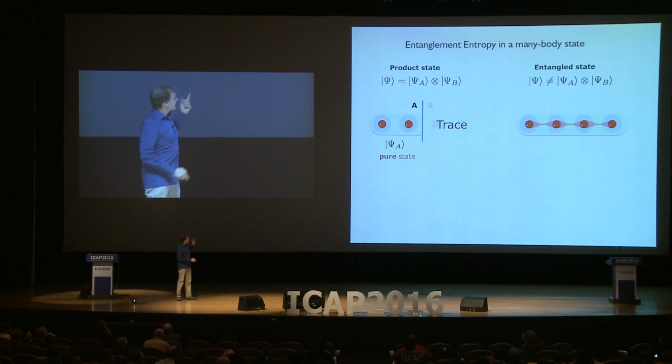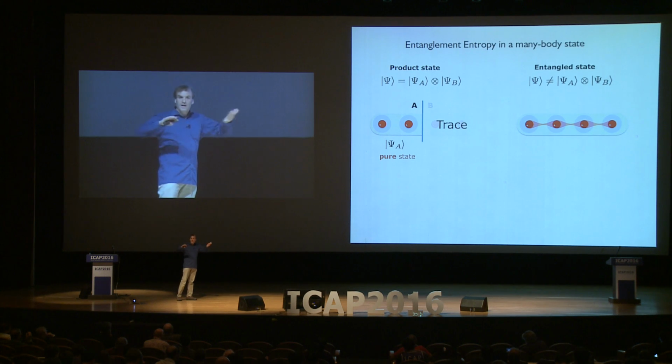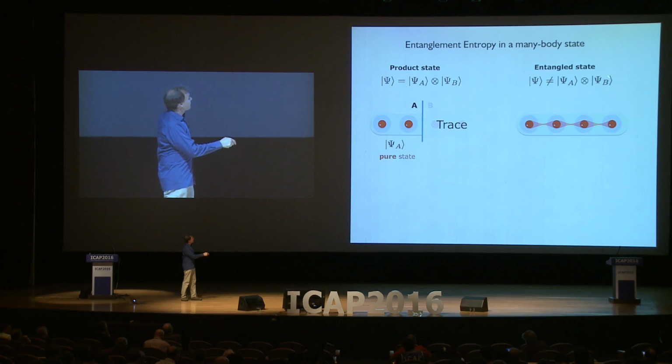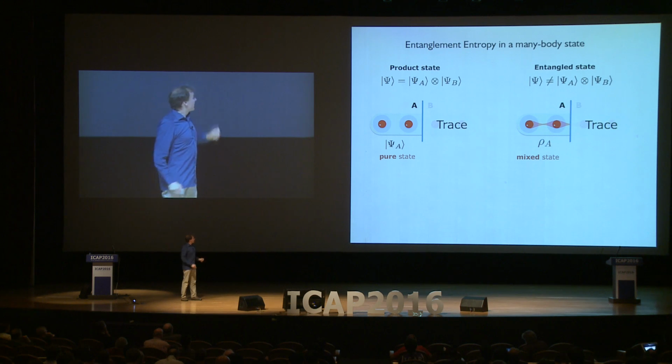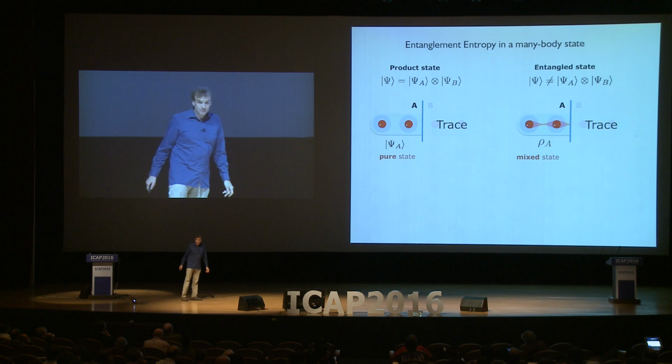But if there is entanglement in the system, here, for example, if I have exactly 4 particles delocalized in the system, then the state cannot be written as a product state between A and B. And if I trace over B, then this state in part A will turn into a mixed state.